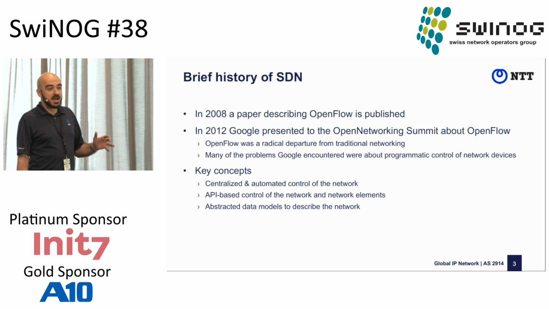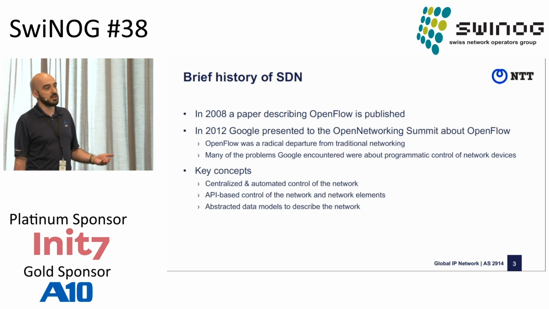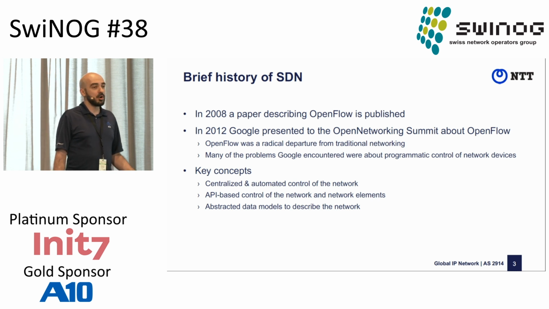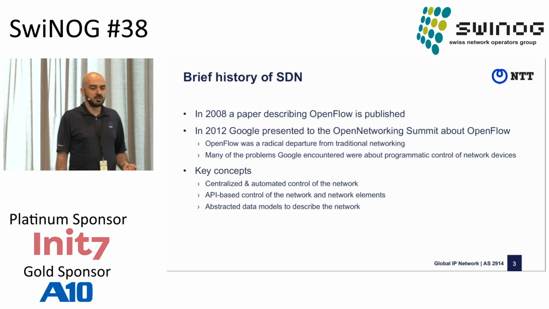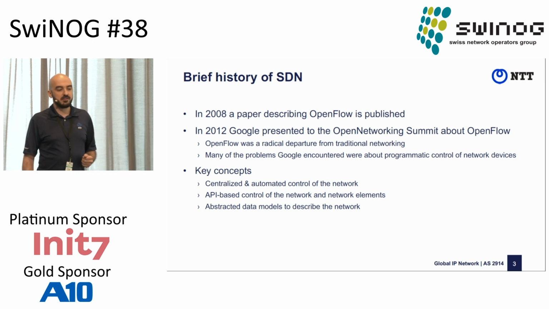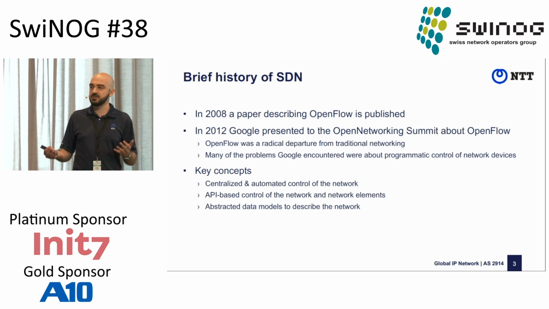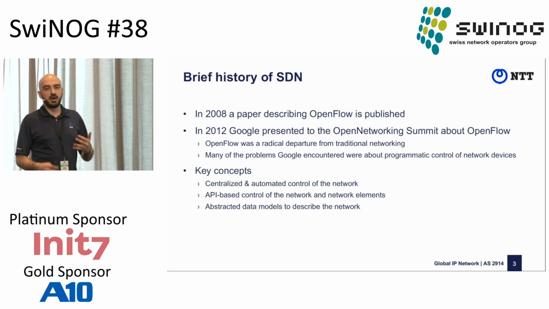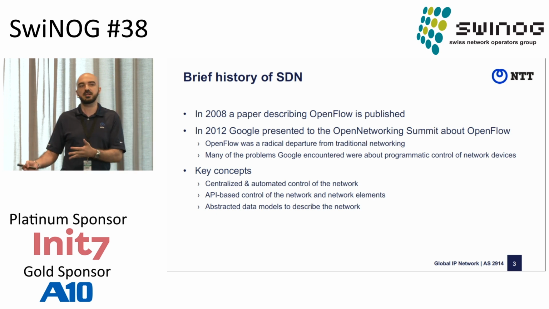However, many of the problems that Google encountered during the deployment were more about programmatic control of network devices. So imagine you are in a context of cloud, for example, and you have a software as a service, and you want to make it scale between 3 cloud instances and 300 cloud instances.